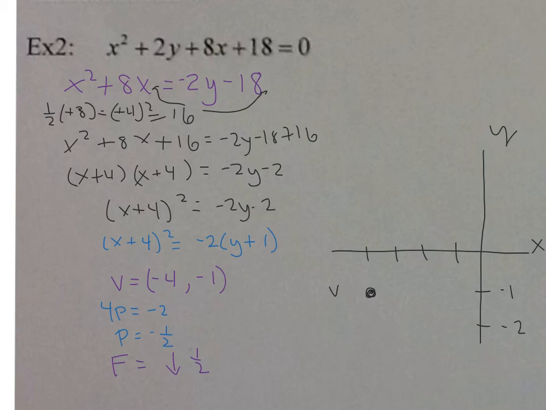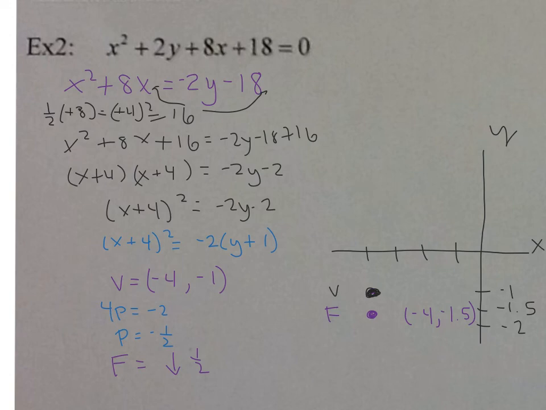Okay, so from the vertex, I want to go down 1/2. So right here would be negative 1.5. So go down 1/2 would put me at my focus. There's my focus, which would be negative 4, comma, negative 1.5. Now, which way is this opening?